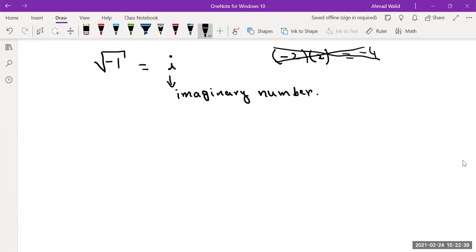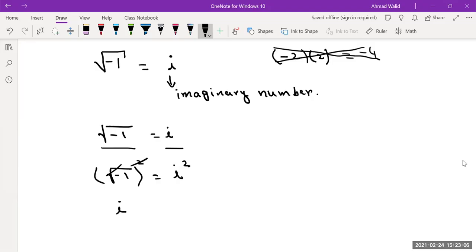Now, the square root of negative 1 becomes what? i. If you square both sides of this equation, let's just square it and see what's happening. If I square this side, the square root of negative 1 squared, I have to square this side too, i squared. Here, the square with the square root cancels out.